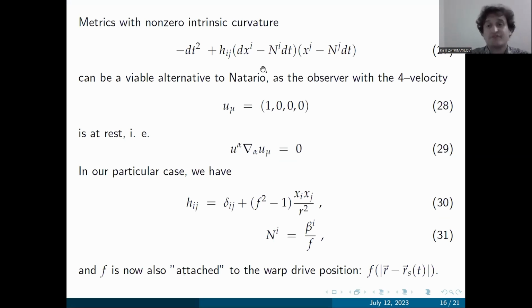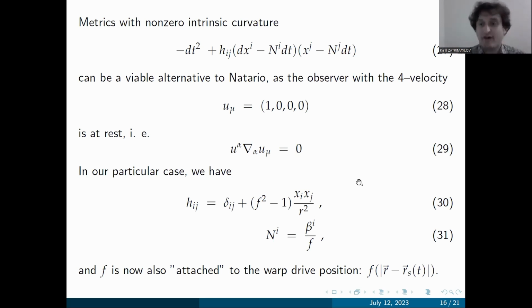These kinds of metrics also have the expansion function equal to 0, so the observers on timelike geodesics would still be at rest, and then for this particular case we have a curved intrinsic metric of this form and the shift vector of this form.